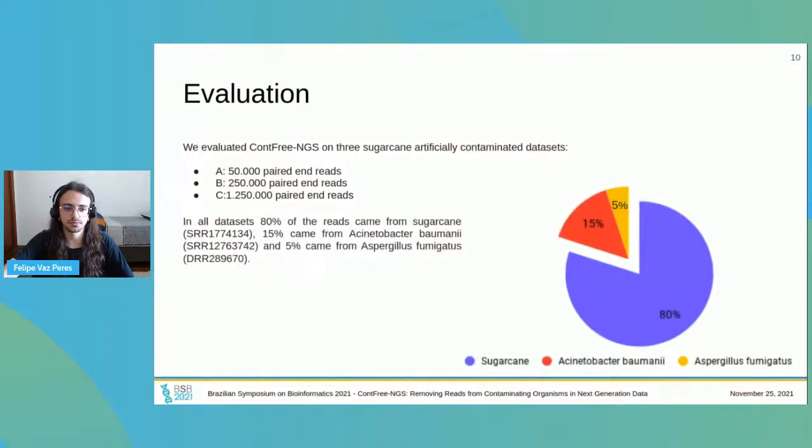In all these datasets, 80% of the reads came from sugarcane, 15% of the reads came from the bacteria Acinetobacter baumannii, and 5% came from the fungus Aspergillus fumigatus. So here is the representation of the taxa in these datasets.